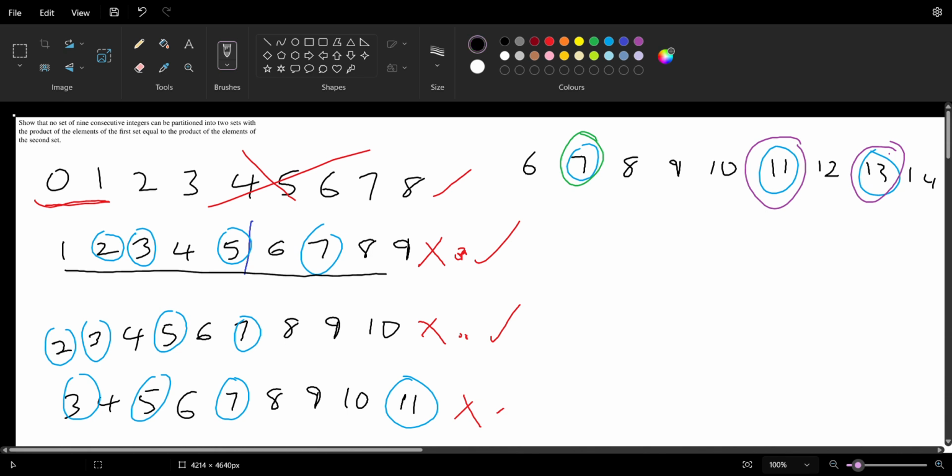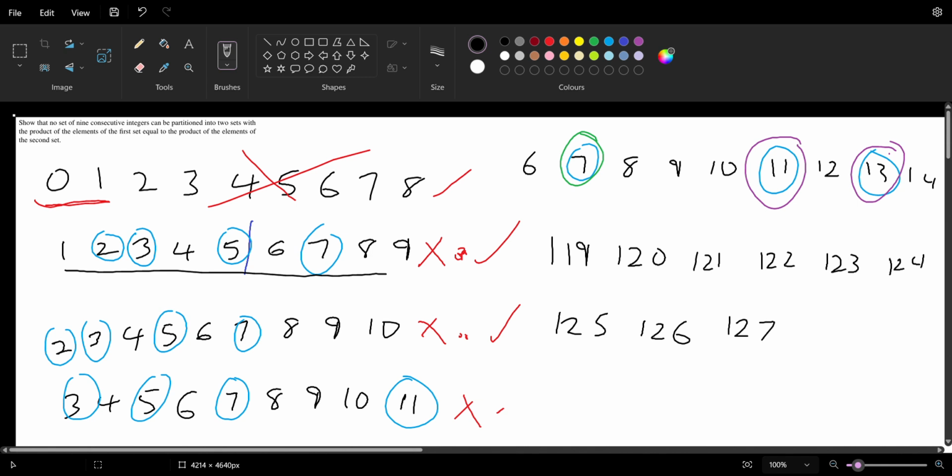121. All right, so let's have another set of numbers. 119, 120, 121, 122, 123, 124, 125, 126, 127.